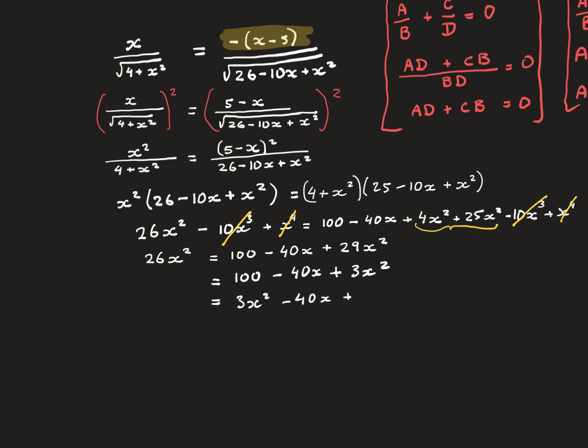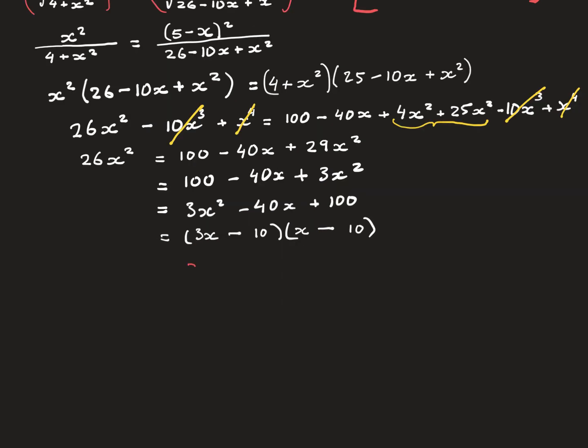So what we need to do is factorize this now into two parts. So x can be 10 on 3, or x can be 10.